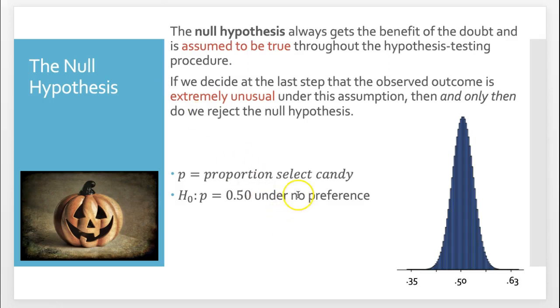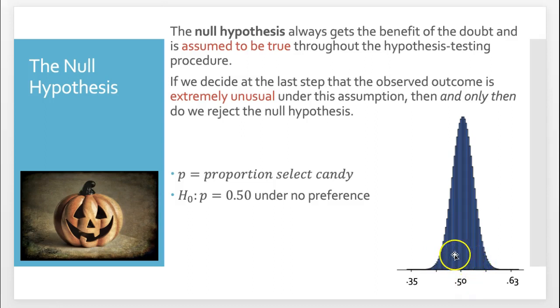So if you look back at the trick or treat example, I simulated the sampling distribution of the sample proportion, assuming that there's no preference, a 50-50 chance. So this distribution is the distribution of all the sample proportions, assuming no preference. What you can see here is that proportions between these two numbers are what we can expect to see if the true proportion is this.